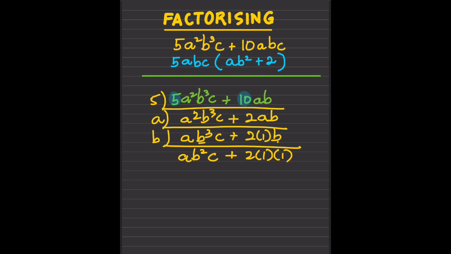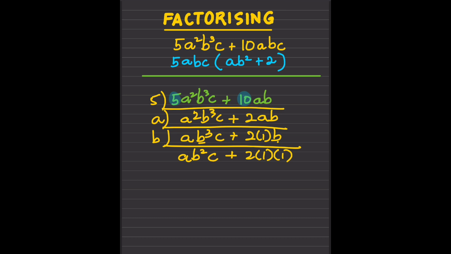Okay? Now, can we use c as a common factor? No, because only the first term has c. This one has no c in it. This has c, this has no c. So this time, we cannot use c as a common factor. This is it, okay?